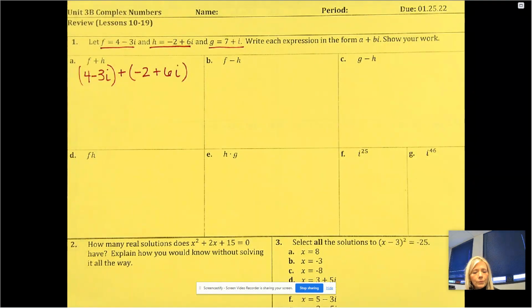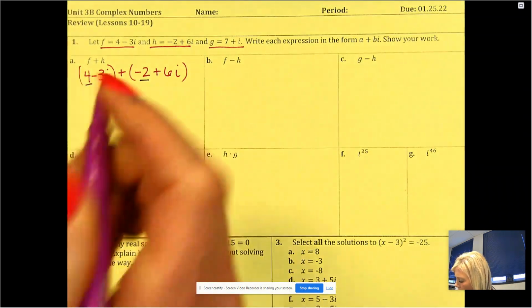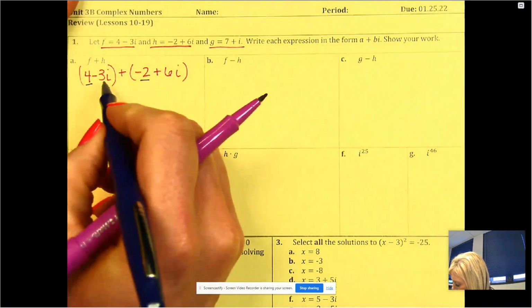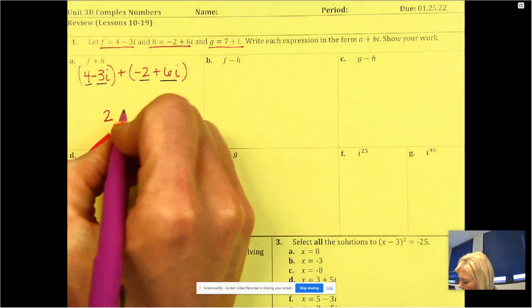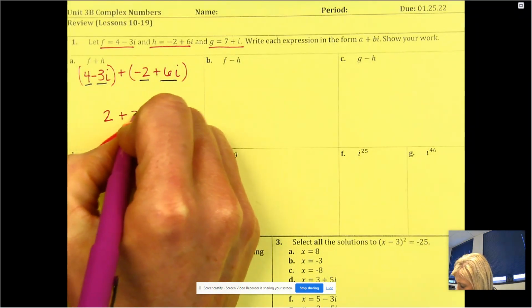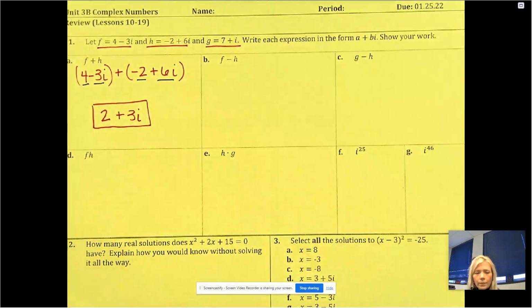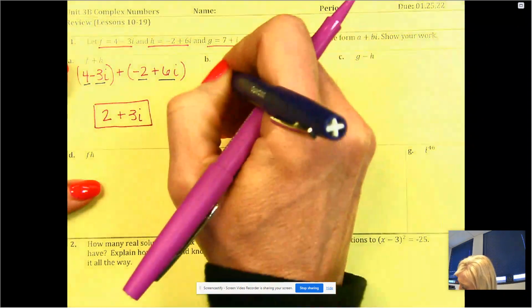And so when you're adding with complex numbers, you're just matching up the real numbers. So 4 plus negative 2, that is 2. And negative 3i plus 6i is positive 3i. So 2 plus 3i.